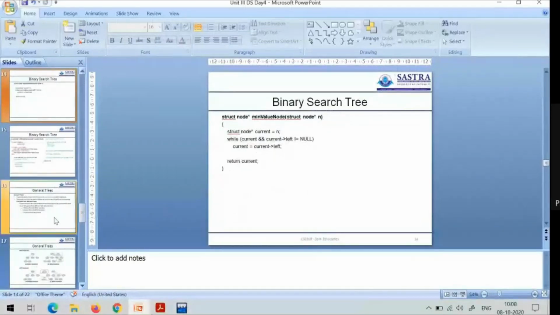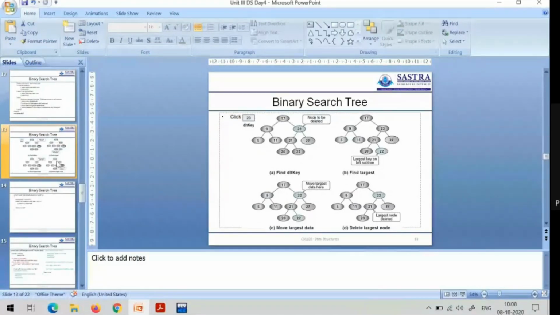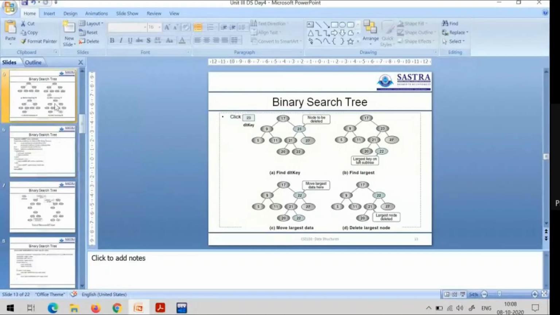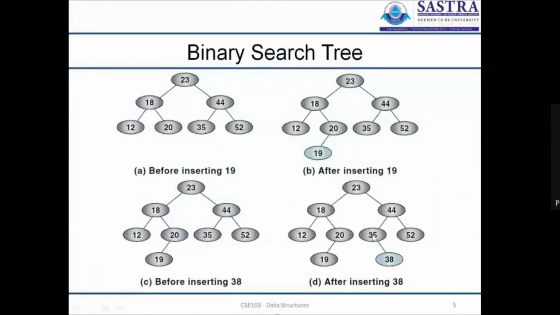Let us take an example. Suppose we are going to delete 18. What we need to do is find the largest in the left subtree, or the smallest in the right subtree.